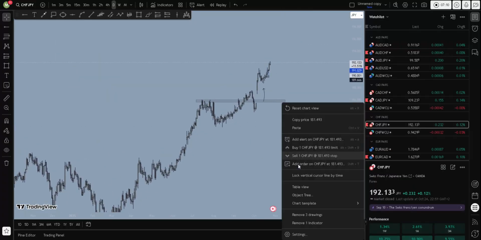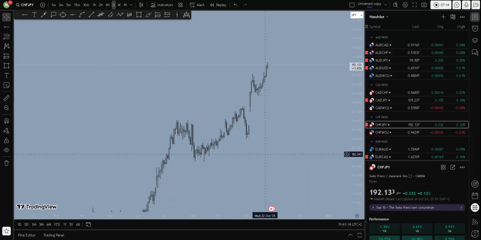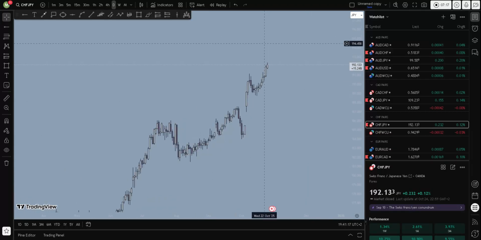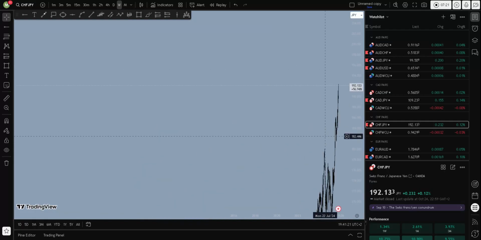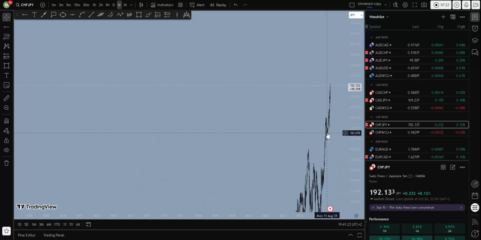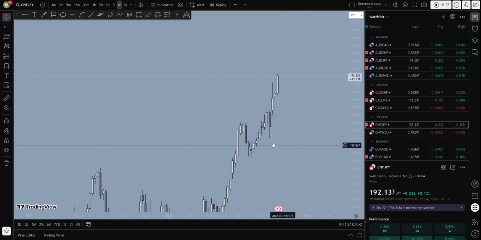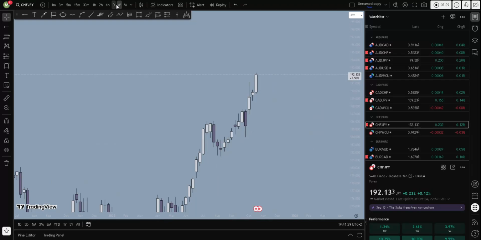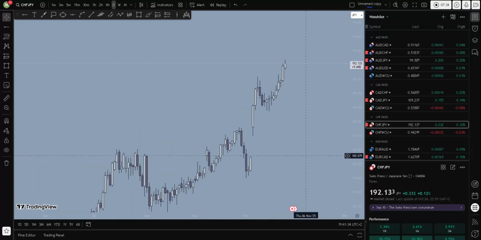So it's Frank JPY. Extremely bullish on the weekly time frame. Extremely bullish. At the moment it's at an all-time high. So maybe it's not the best idea to be trading this.